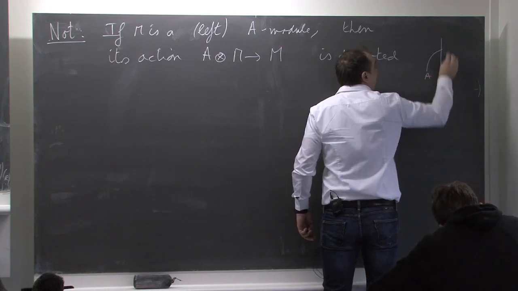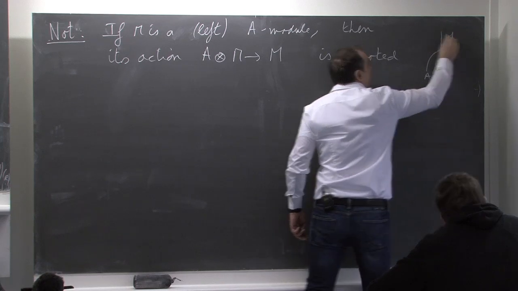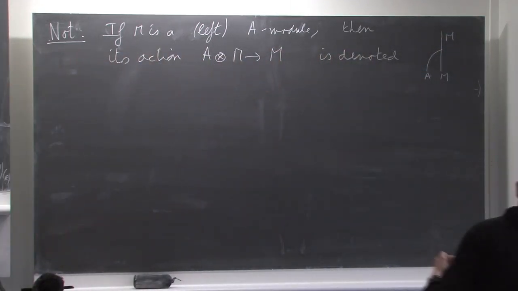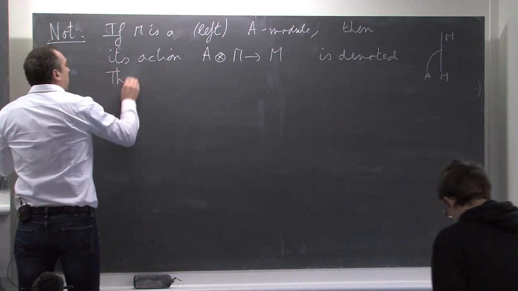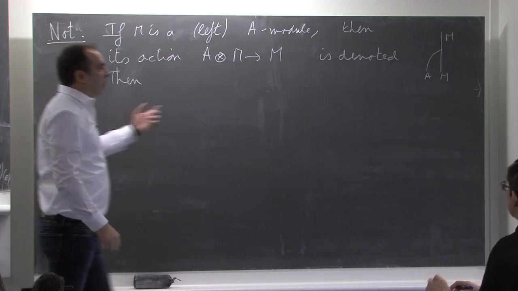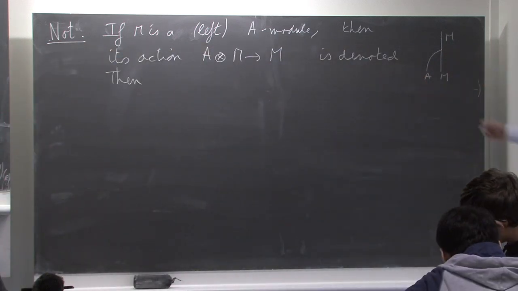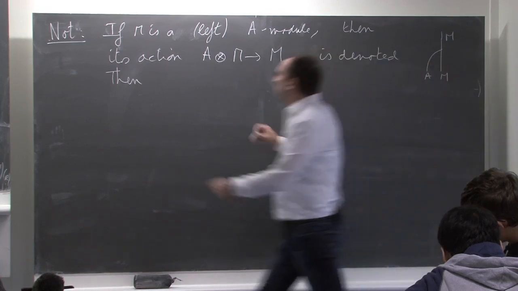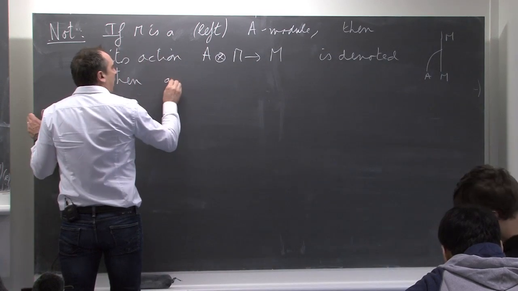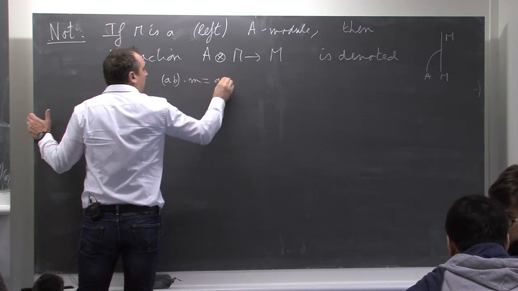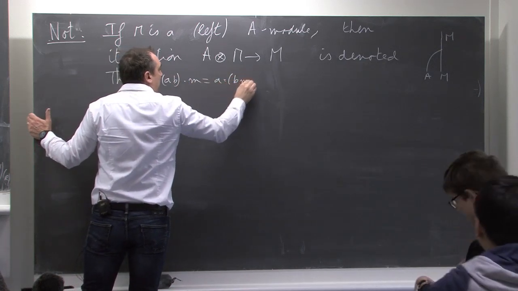And the axiom of a module says that if you take two elements of A, then the action of a product is twice the action: (ab)m is a(bm).